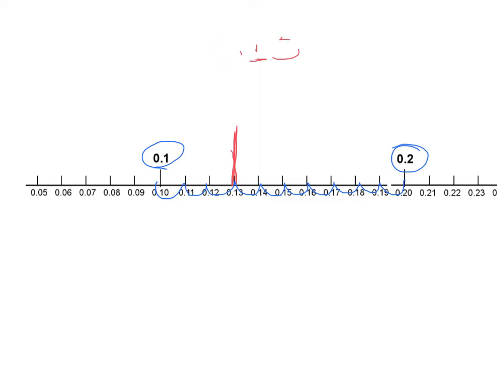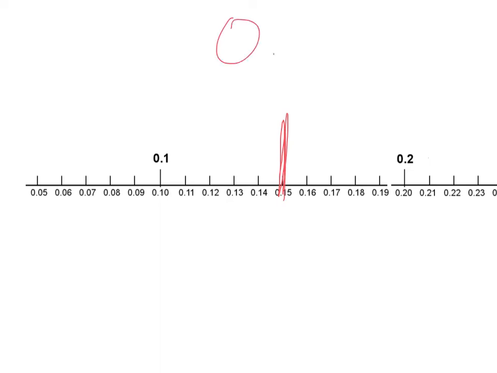If we look at another one, give me a chance to erase all of this, all my writing. So what if we had one that was smack in the middle? So if we have 0.15, well, here we're in the middle, right?